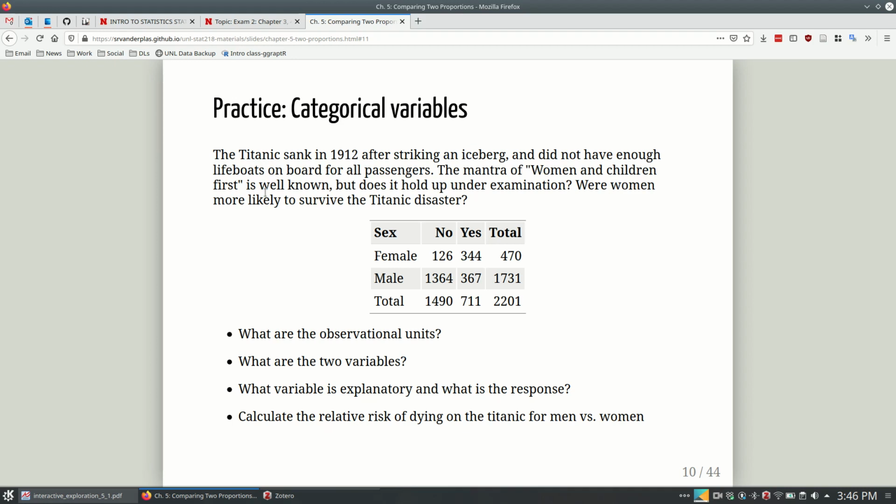Is that saying yes, they died? It's gotta be yes, they survived. No, it'd have to be yes, they died. 126.